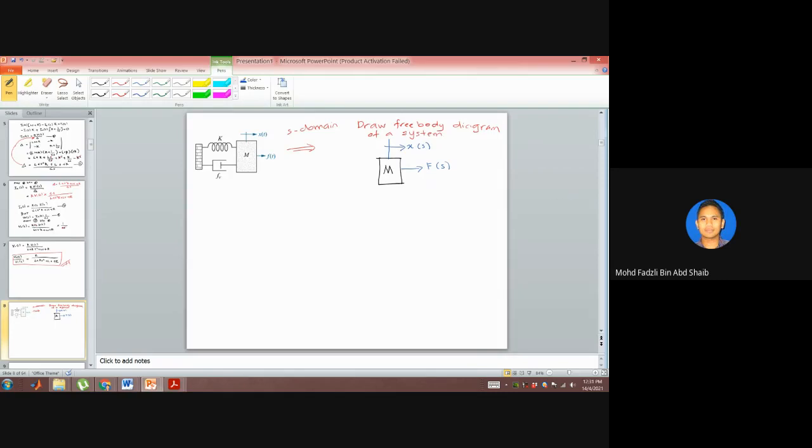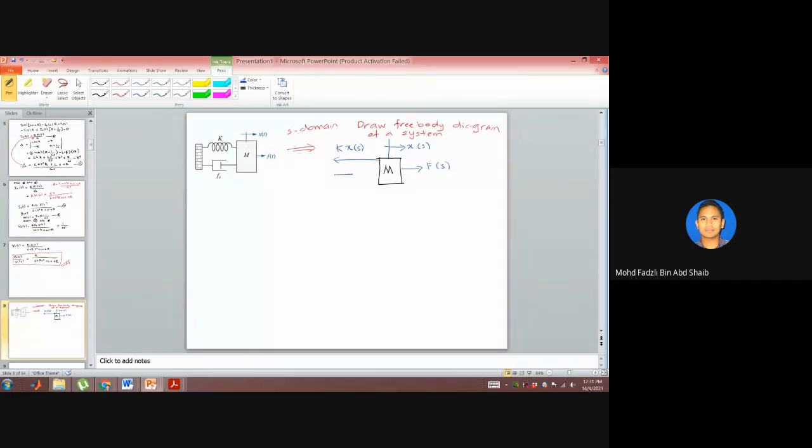This is very important. Everything you need to times with XS because XS is the direction. For K, K in the S domain becomes K only, so this is the other direction of the force: K times XS. Everything needs to be times with XS.